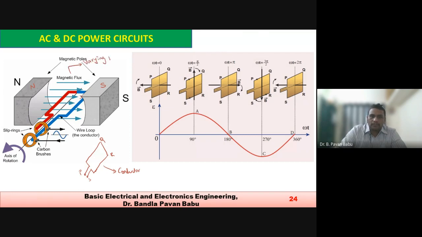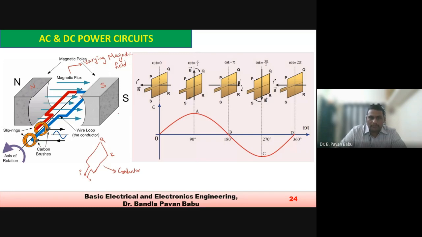When the conductor is placed in this varying magnetic field, what happens? It starts rotating, it starts deflecting, and an EMF will be developed.